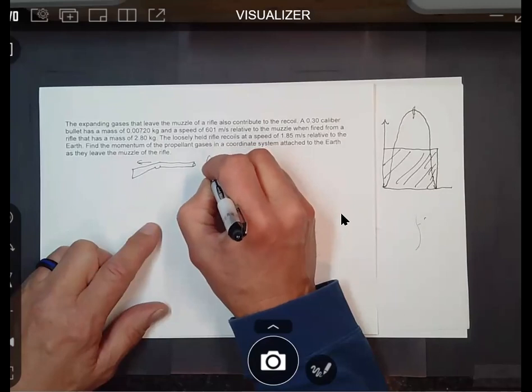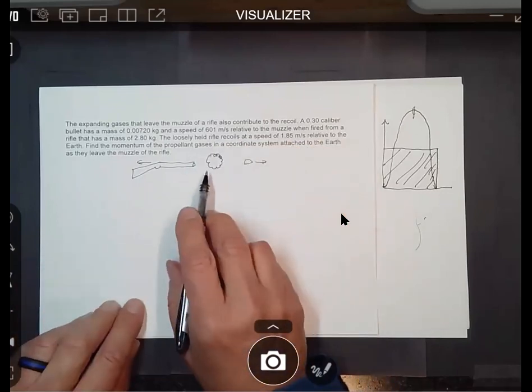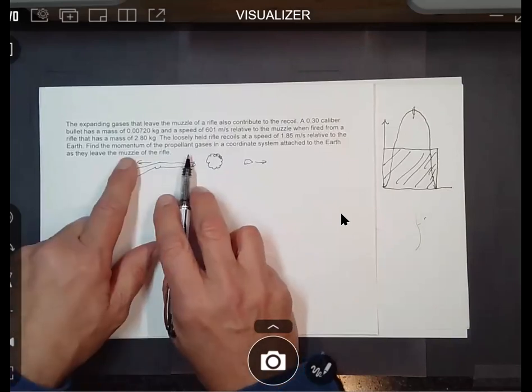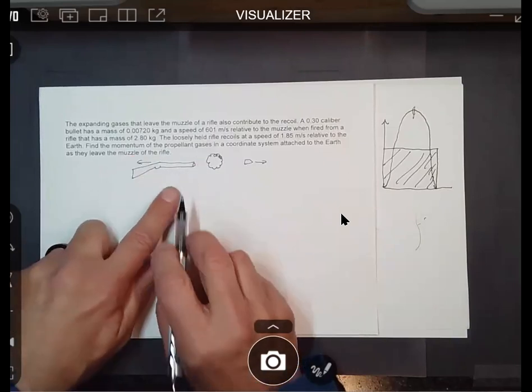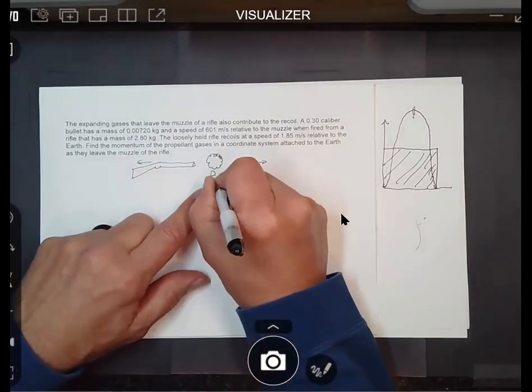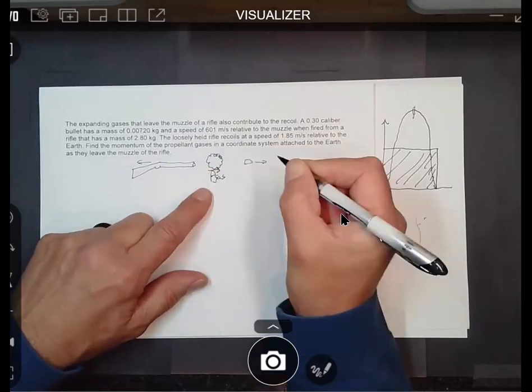And we'll find out that it's the cloud of gases that are coming out of here as well. So we want to find the momentum of the propellant gases. So here we'd have a momentum of the gas going presumably in that direction.